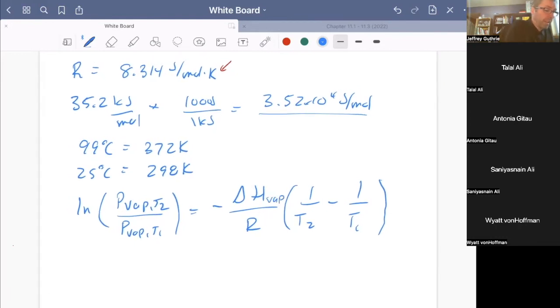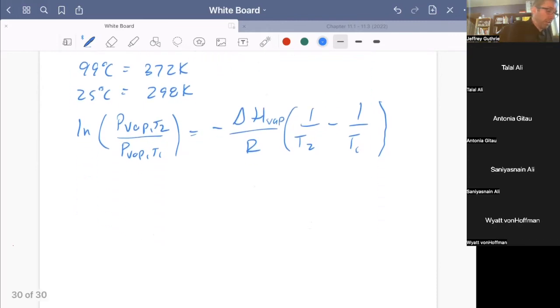Okay. So now we can put in the numbers: natural log of the vapor pressure at temperature 2, over the vapor pressure at temperature 1, which we're saying is normal, so 760 torr.